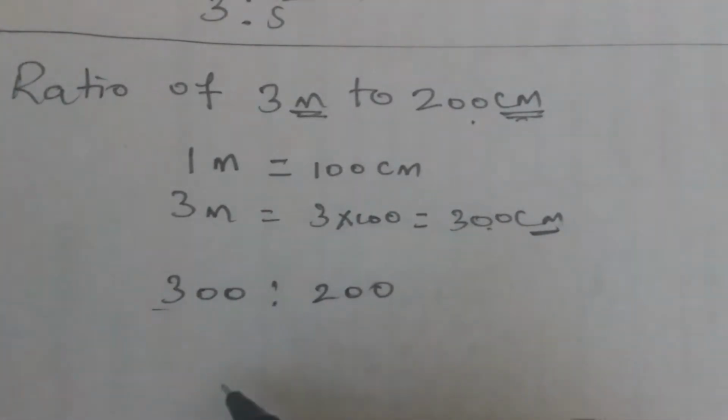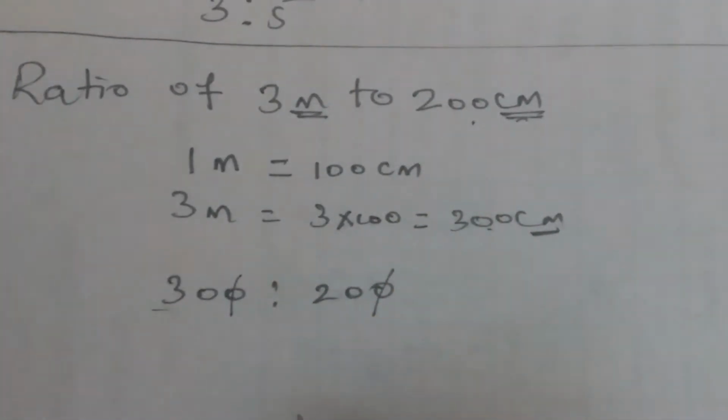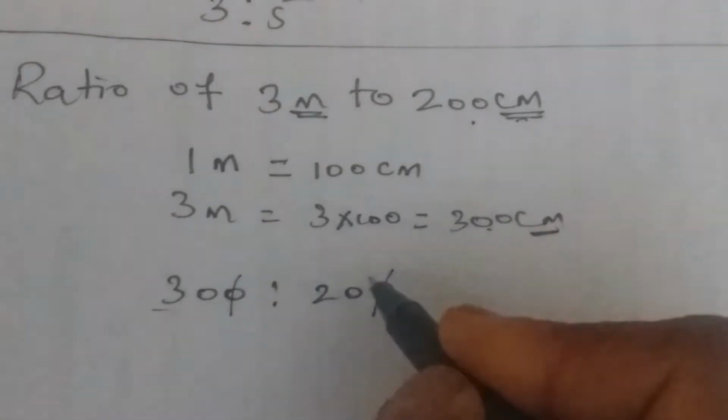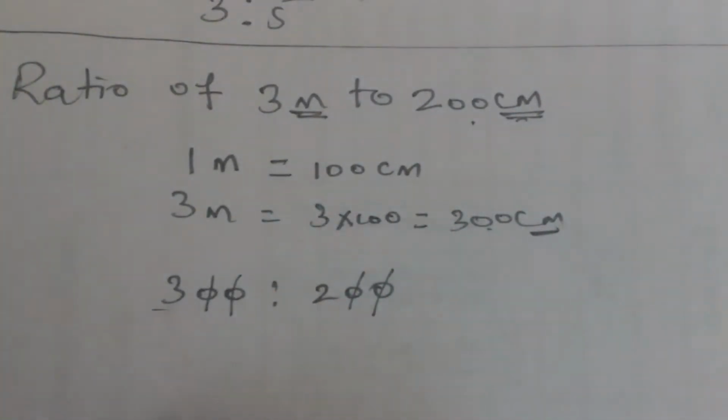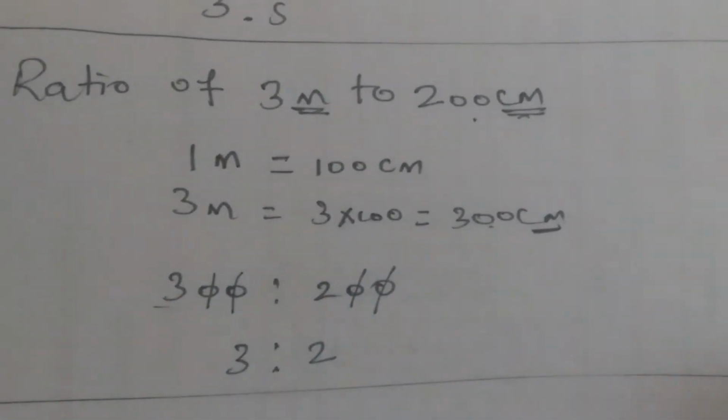You can write it as a fraction and cancel, or we can cancel in the ratio itself. We can cancel 0 and 0. What are we doing when we cancel 0? We are dividing by 10. Then again cancel 0 and 0, divide once again by 10. So we get 3 is to 2 as our final answer.